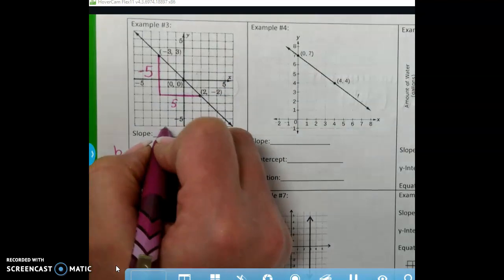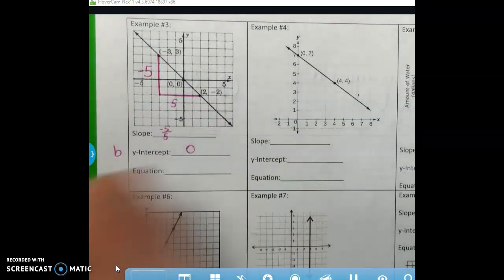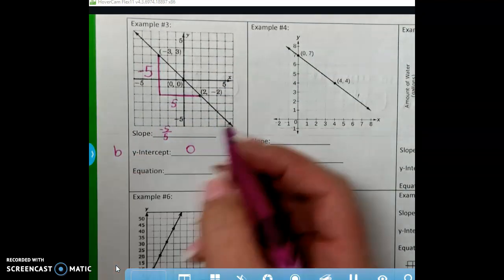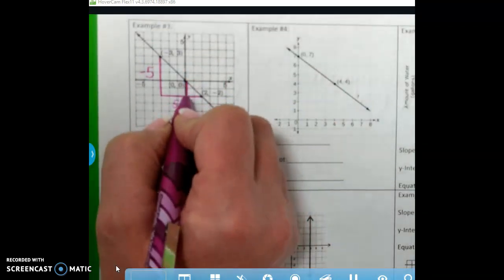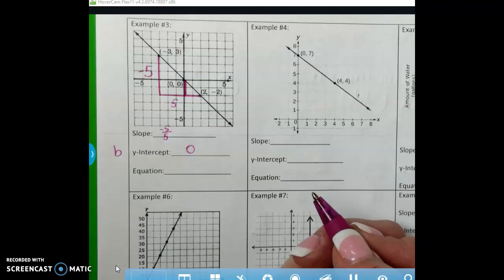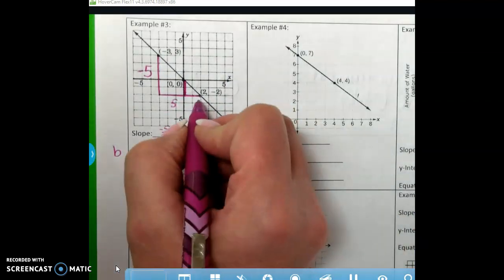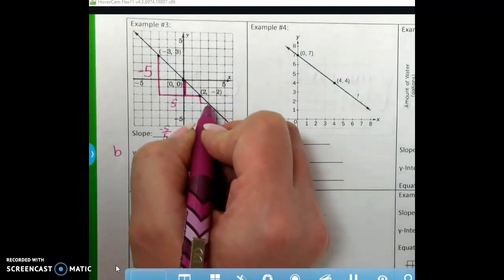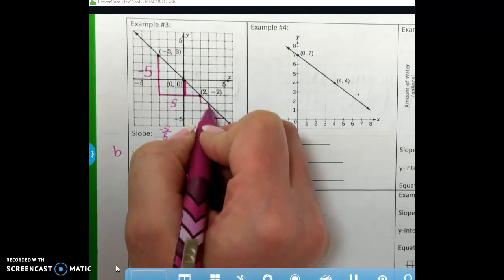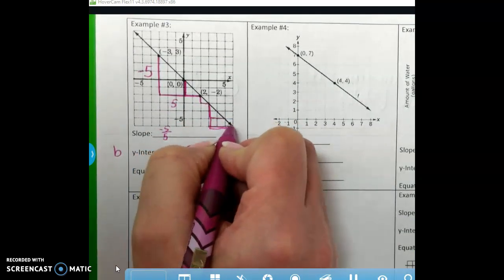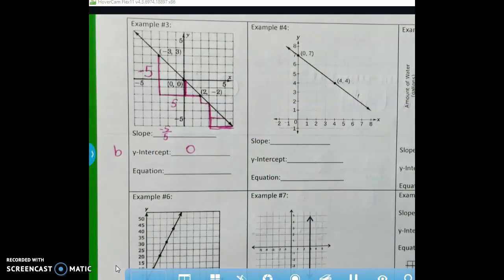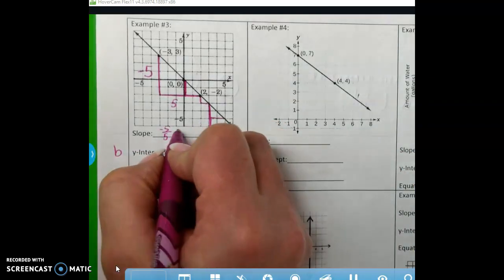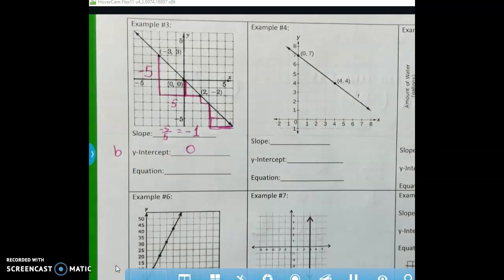Well, negative 5 over 5 is the same as negative 1. So I'm going to double check: if I fall 2 units, am I running 2 units? Yes. So look at this little pattern, my friends. I can do this several times, and all of these similar triangles that I am drawing reduce to the value of negative 1. When we talked about this yesterday, you can always reduce this.